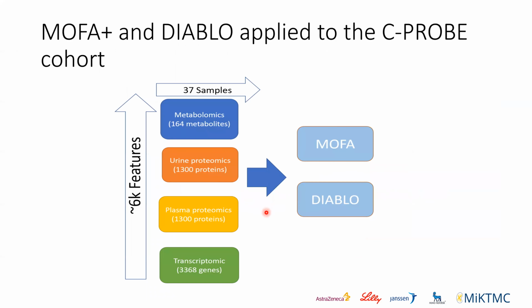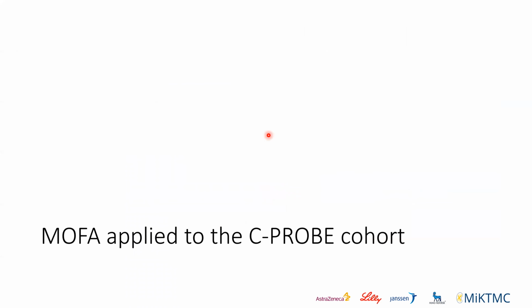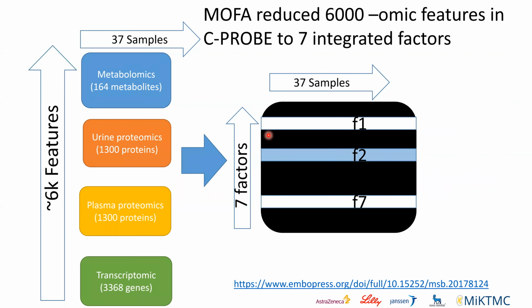Here, we applied two integrative approaches: MOFA, which is an unsupervised approach, and DIABLO, which is a supervised approach, to integrate these four omics data types from these 37 patients. First, we applied MOFA to the CPROBE cohort. As you can see, 6,000 features were combined to form 7 factors.